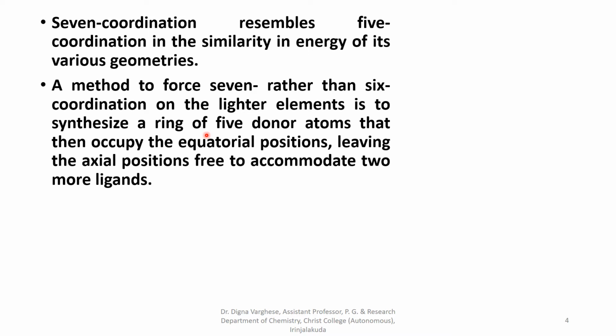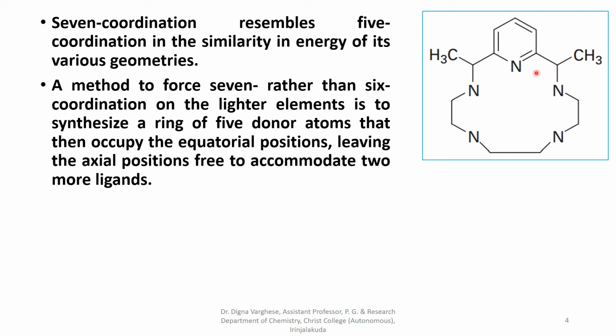Here you can see 5 nitrogen atoms that can attach to the metal atom. So the metal atom has 2 more valencies to accommodate 2 more ligands, and we can easily synthesize a 7 coordination number complex. So this is a tip.